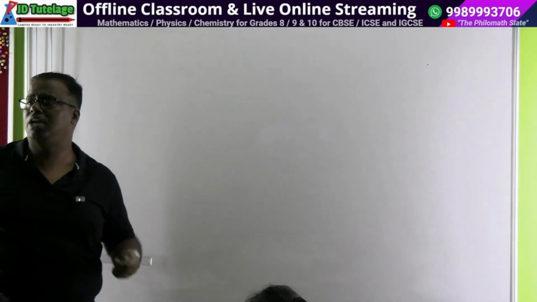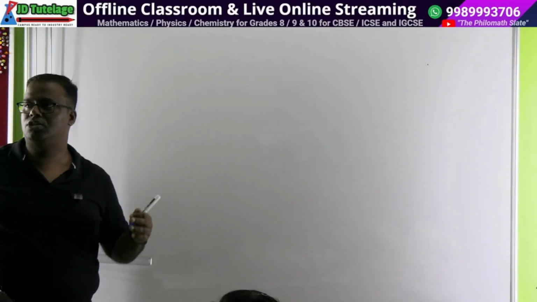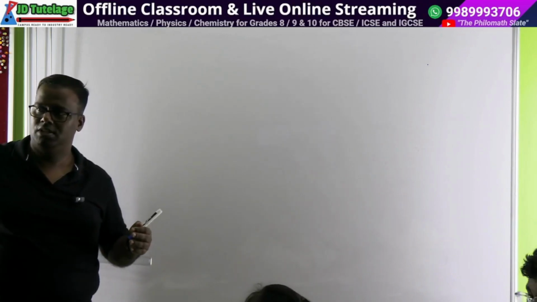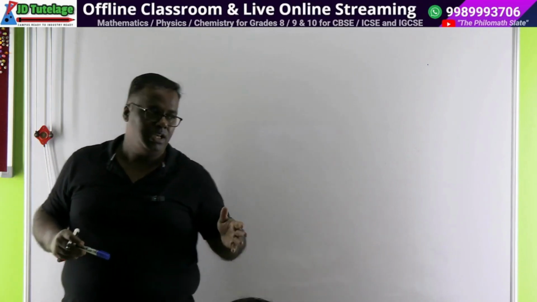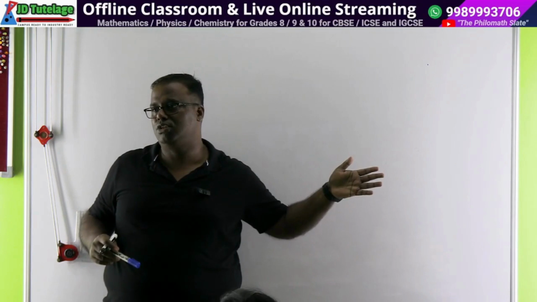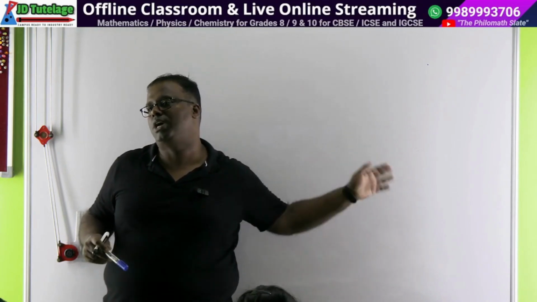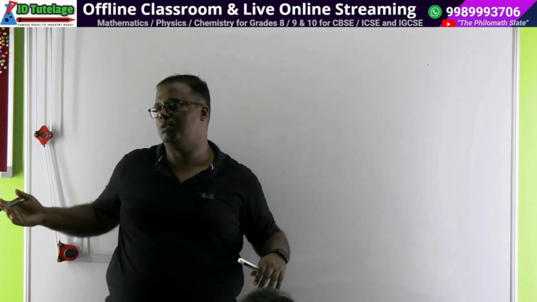Modulus means value. A vector can have a plus or a minus. Modulus means only the magnitude, like the absolute value. For example, the other day I gave that example. Neha moves to my left with a velocity of 2. So I've taken her velocity as -2. And you move on the right side with a velocity of 2. Your velocity is +2.